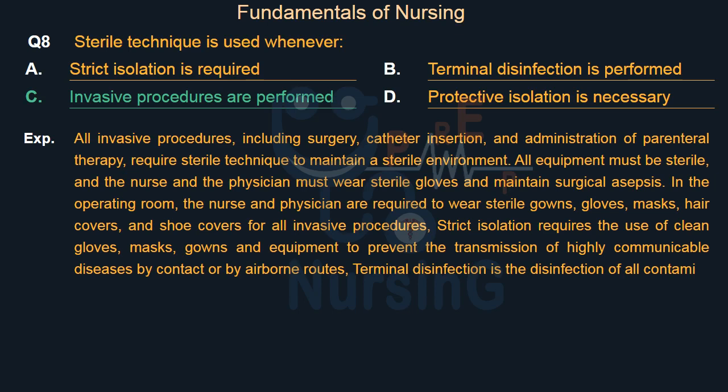In the operating room, the nurse and physician are required to wear sterile gowns, gloves, masks, hair covers, and shoe covers for all invasive procedures. Strict isolation requires the use of clean gloves, masks, gowns and equipment to prevent the transmission of highly communicable diseases by contact or by airborne routes. Terminal disinfection is the disinfection of all contaminants.